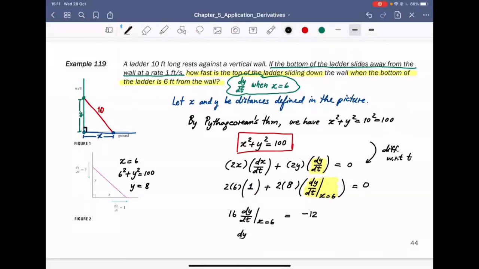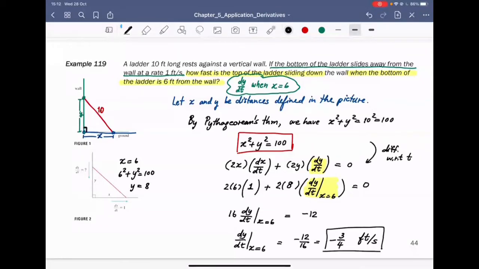That means dy by dt, where x equal to 6, is negative 12 over 16. To make it cleaner, it is negative 3 over 4. The unit is going to be feet per second. All right, so this is your answer: negative 3 over 4 feet per second.